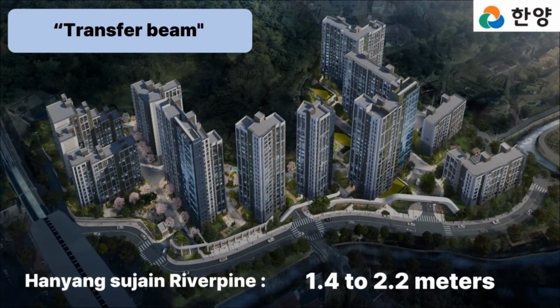This depth is considerably deeper than the depth of beams typically used in buildings. So it needs to be planned to occupy the height of one floor, being thicker than the slabs or ordinary building structures.